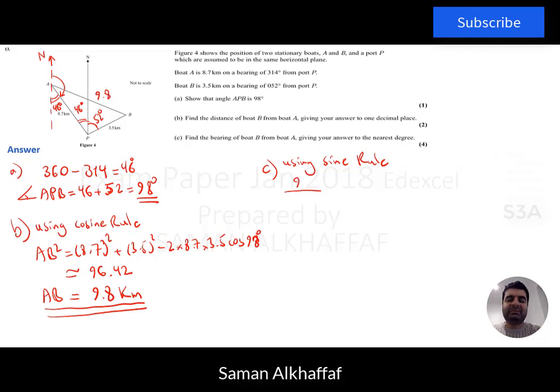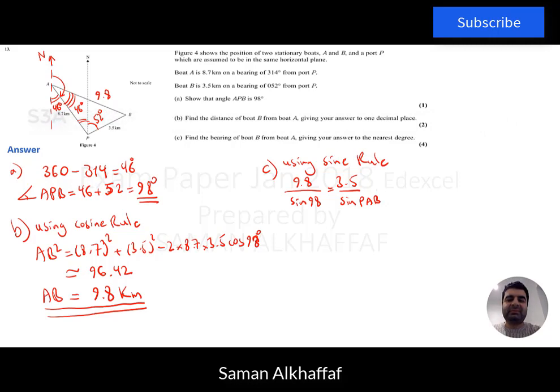So now we have 9.8 over the sine of the angle 98, equal to 3.5 over the sine of the angle that we are attempting to find, which is PAB. So which is this angle here.